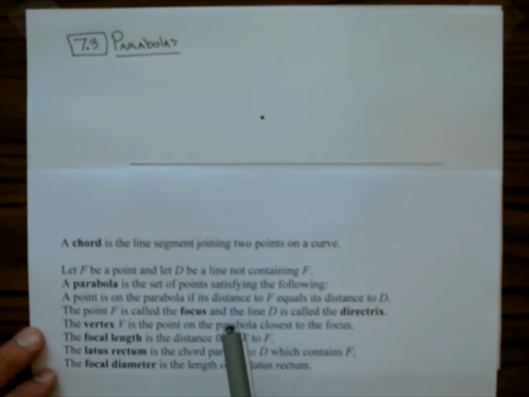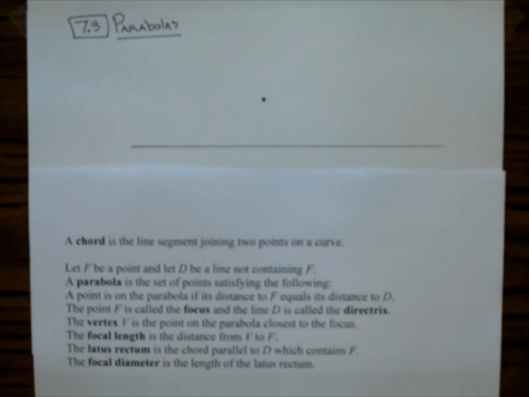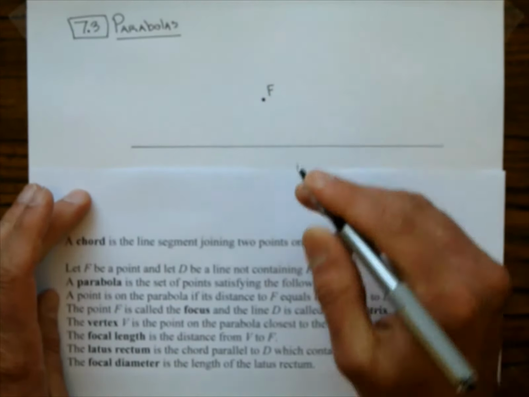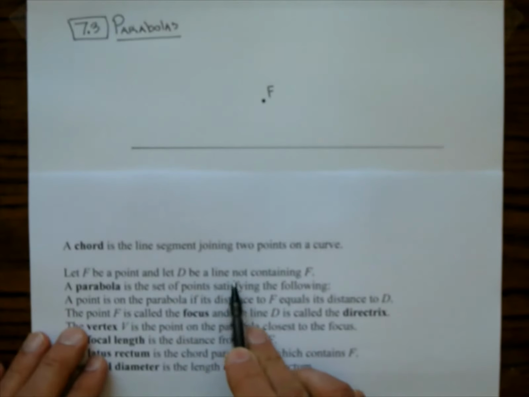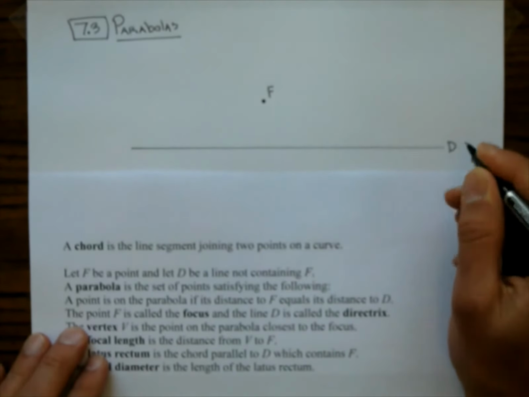It joins 2 points on that circle. Let F be a point. So that's what we're going to call this point, F. And let D be a line not containing F. So we'll call it line D.